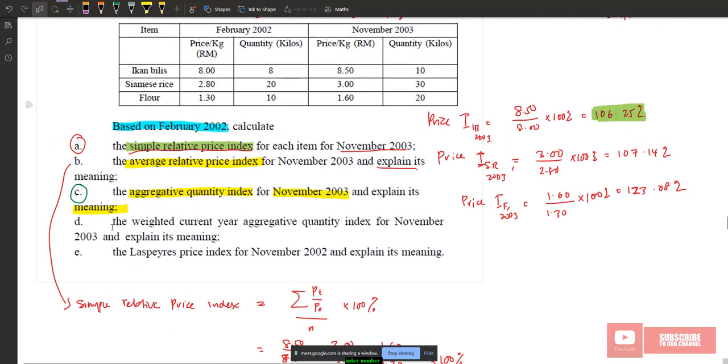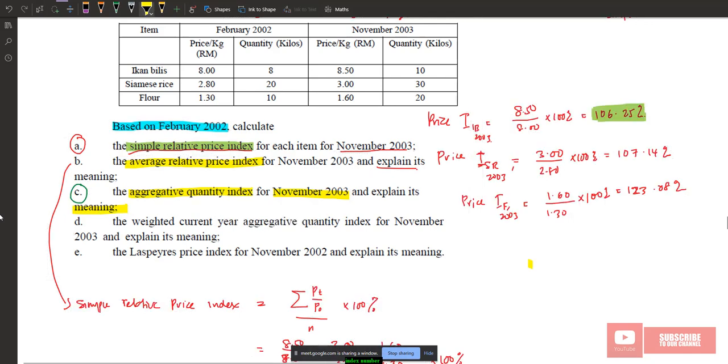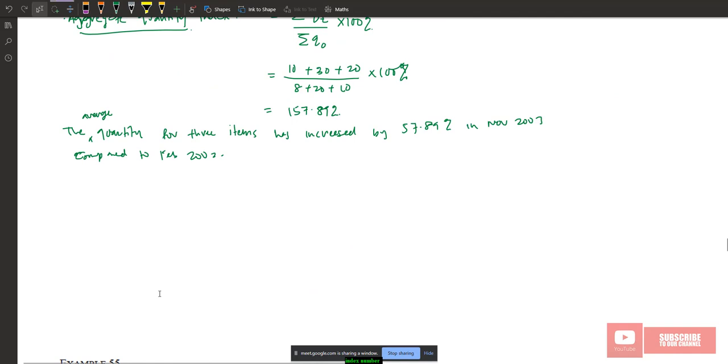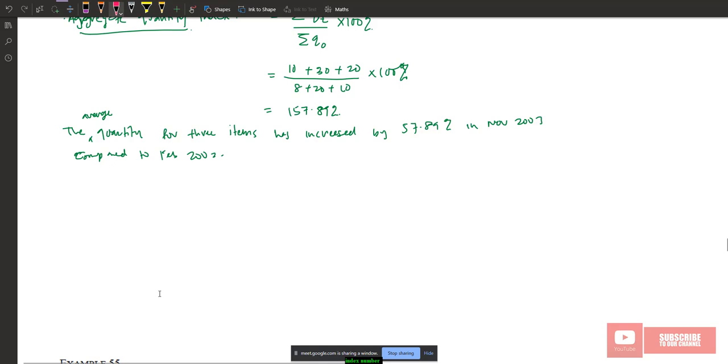The next question is we want to find the weighted current year aggregate quantity index, right? So if you still remember, just now I already told you, right? Weighted current year is Paasche index, right? So this is the weighted current year.